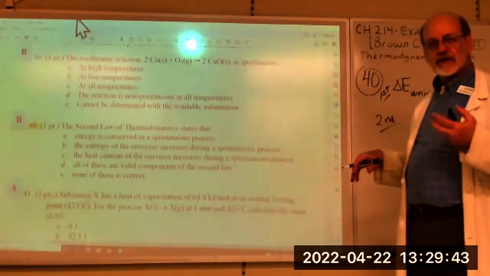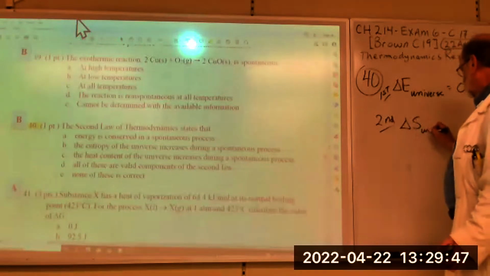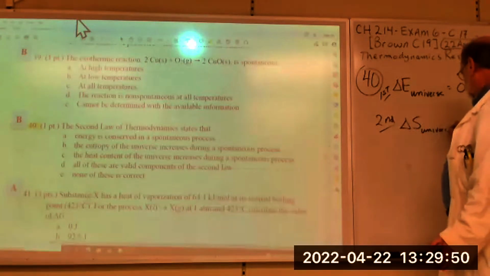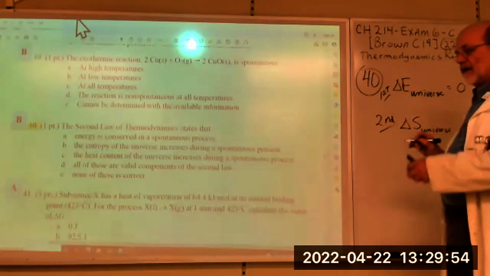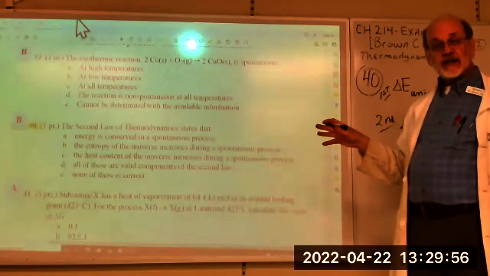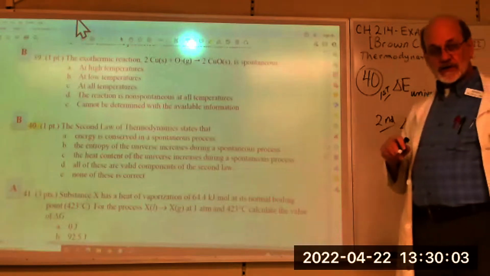So what happens to the entropy of the universe for any spontaneous process is positive. It's always increasing.